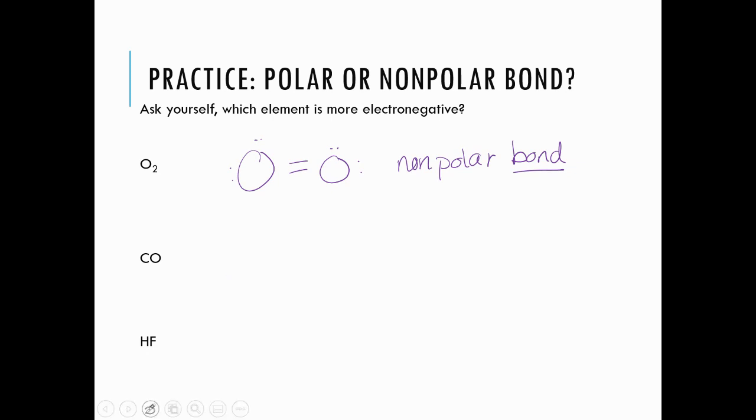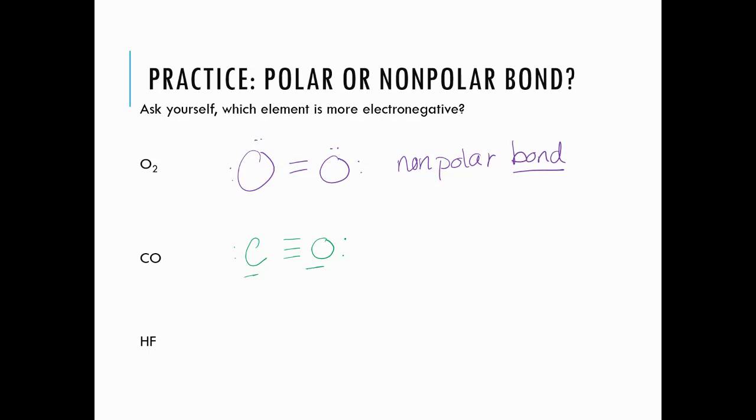If we look at CO, or carbon monoxide, okay, it's going to end up having a triple bond. It's going to look like that if you wanted to draw the Lewis structure. But this bond, I have carbon bonded to oxygen. Those are different elements, so therefore they have different electronegativities.